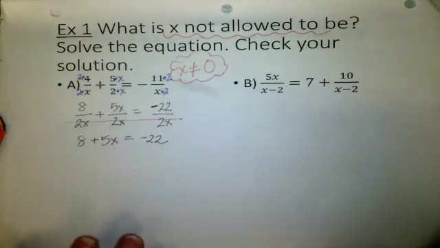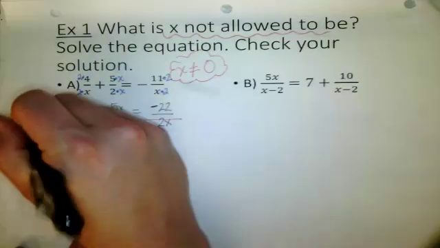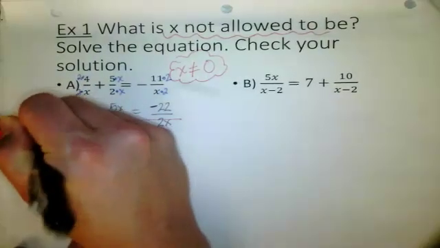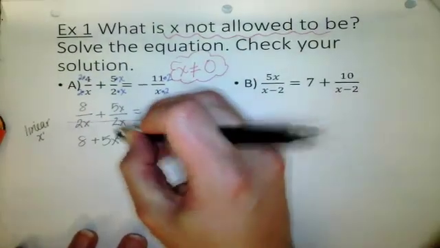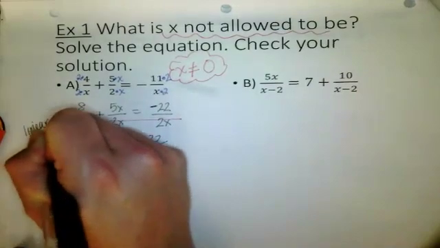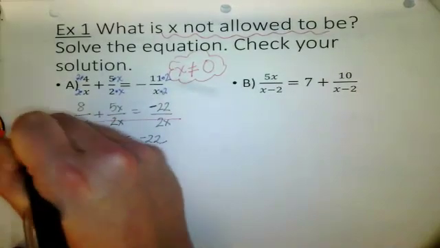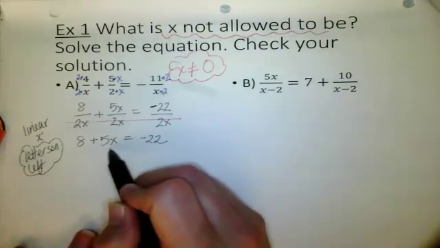Is this a linear or quadratic equation? It's linear. Linear means it's got an x to the first power. It's just a plain old x. And with linear equations, you want letters on the left, is one way to solve it. There's my letter. 5x is on the left.